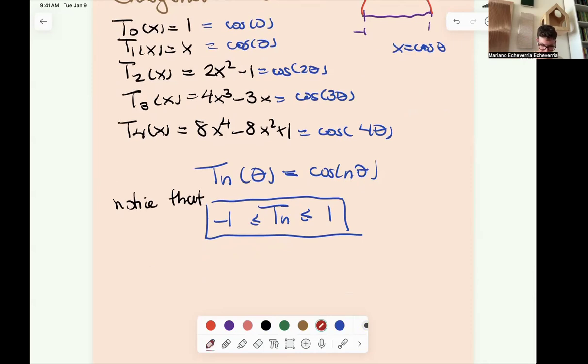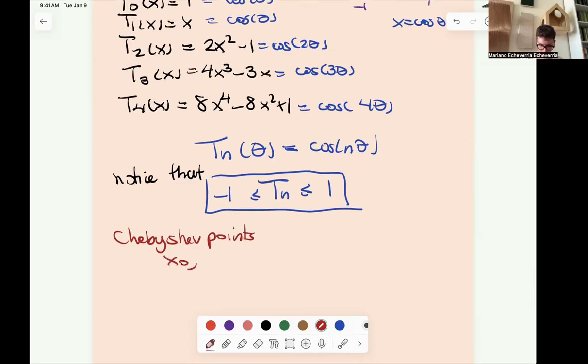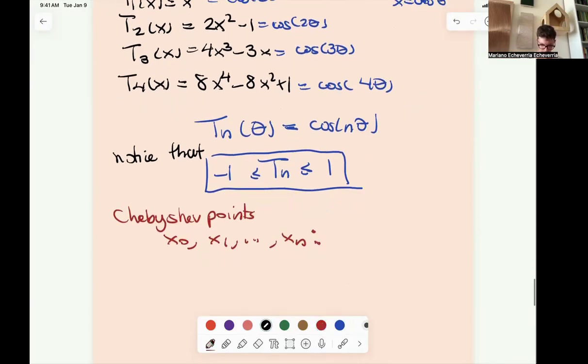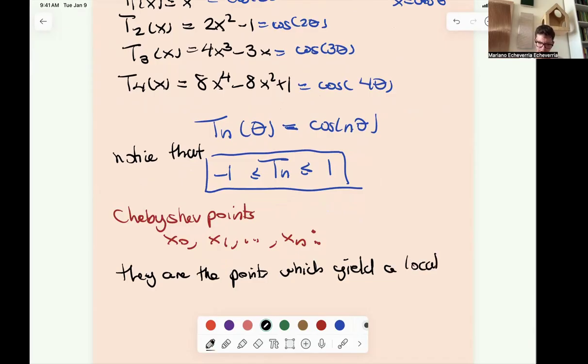So what are the Chebyshev points? x0, x1 up to xn are the points which yield the absolute max and absolute min of the Chebyshev polynomial of degree n.